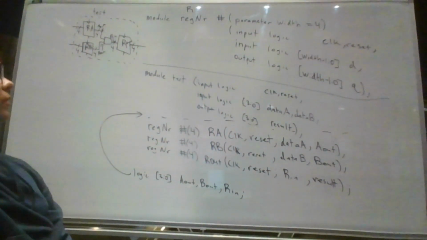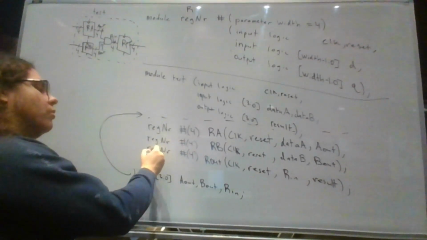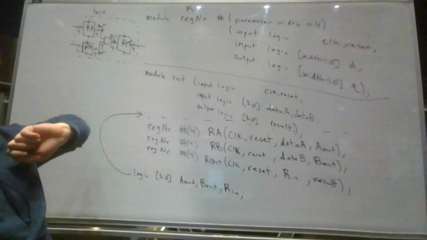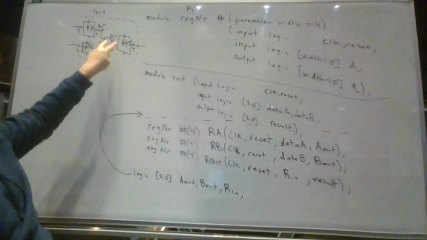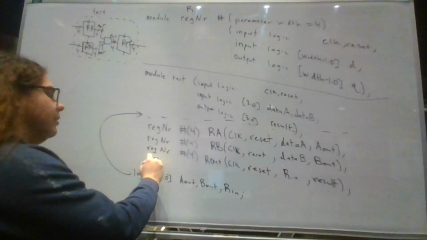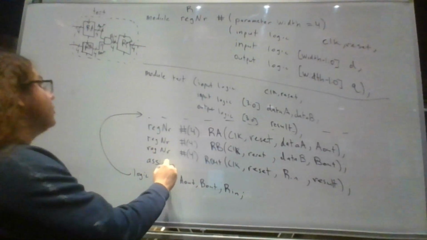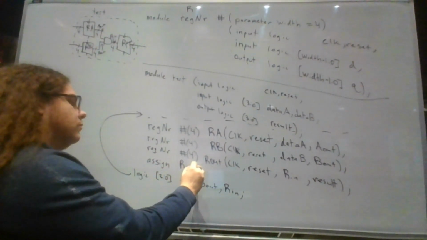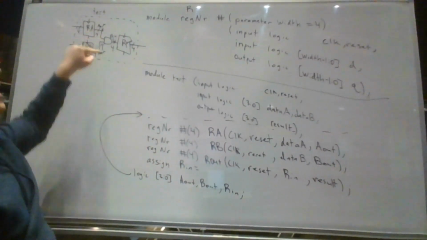And so now we're almost done. We've instantiated all the modules, all the blocks, and we've interconnected most of them. The only thing we haven't done was this AND gate. So all I would have to do there is say assign Rn equal to Aout and Bout.